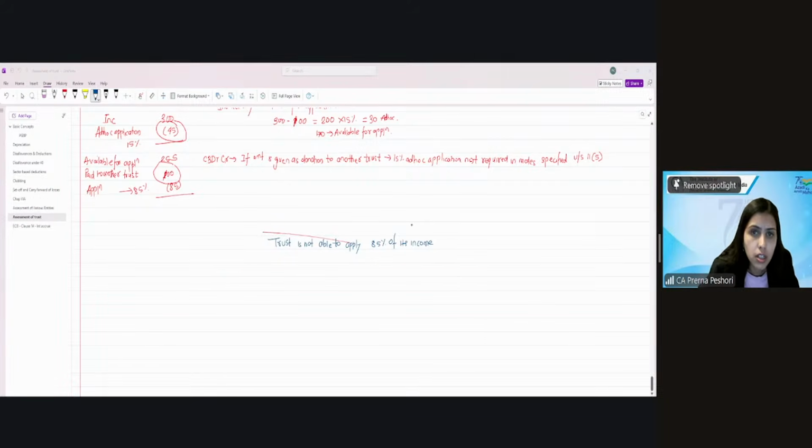The trust has not received the income, so income is accrued.